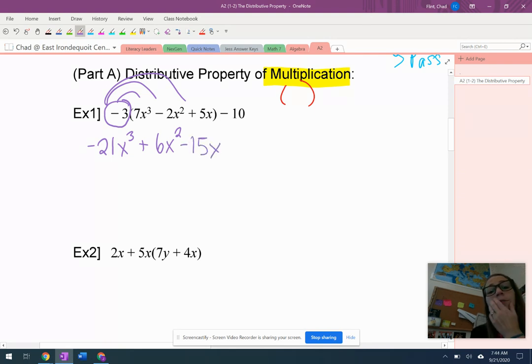Now, the -3 does not get distributed to the -10 because that -10 is not in the parentheses or not in the group. So that piece just gets carried down. Make sure to do a quick check to make sure there are no like terms. And because all of these x's have different exponents on them, none of them can be combined.